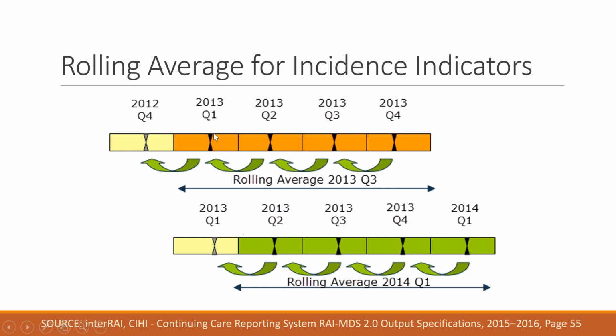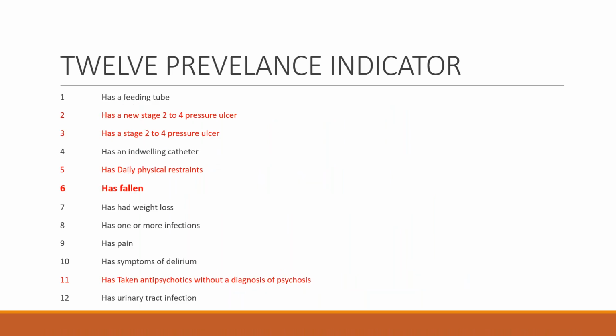It's not included in the report calculation. However, we need it so that this quarter can look back at something to see if there was improvement or look back to see if there's decline. So that fifth quarter that will be included will simply be utilized for reflective purposes.